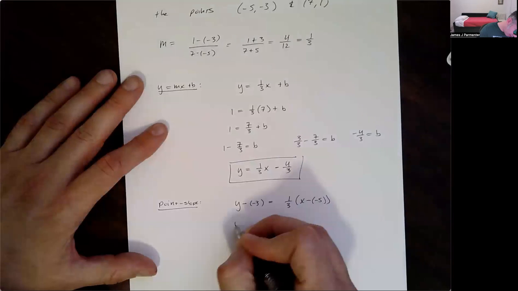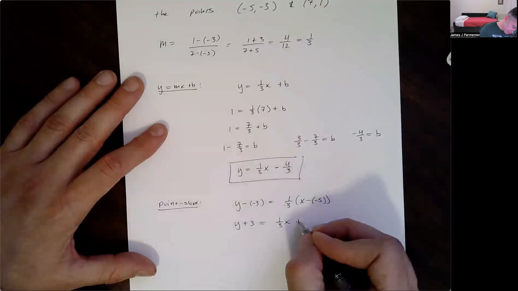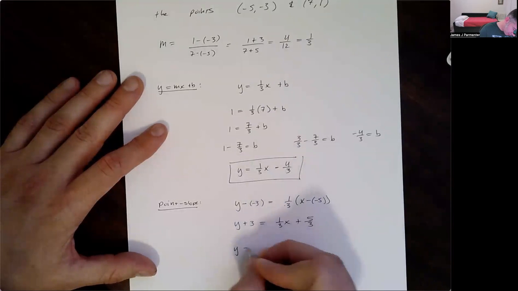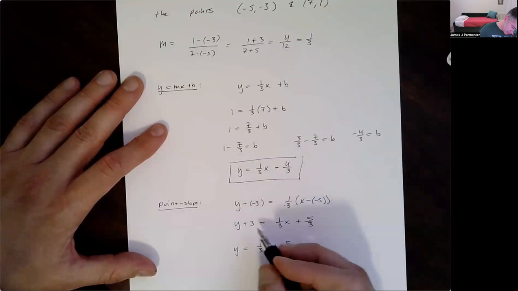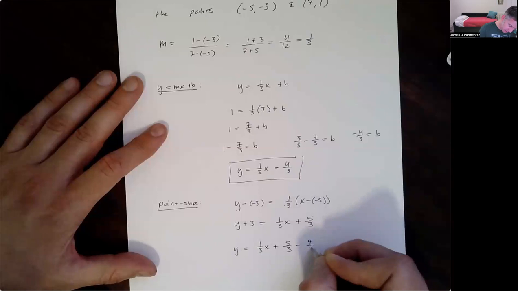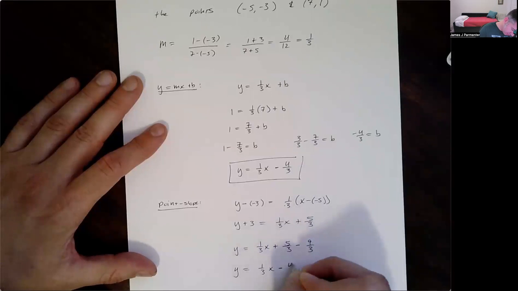So then I've got y plus 3 equals 1/3 times x plus 1/3 times 5, which is 5/3. Solving for y, y equals 1/3 x plus 5/3 minus 3. Well, 3 is equal to 9/3, so it's minus 9/3, and then 5 minus 9 is -4. So y is exactly equal to 1/3 x minus 4/3.